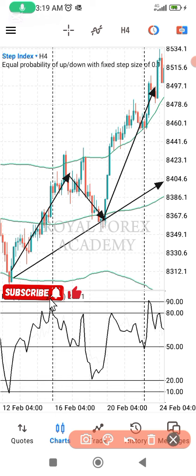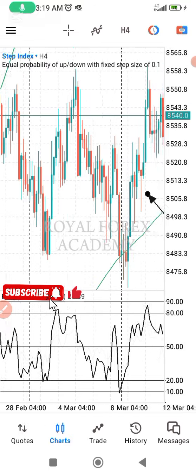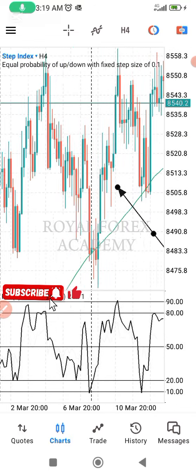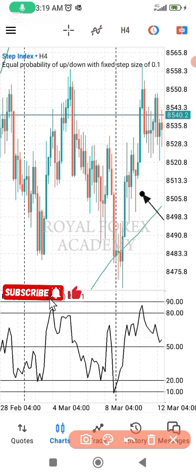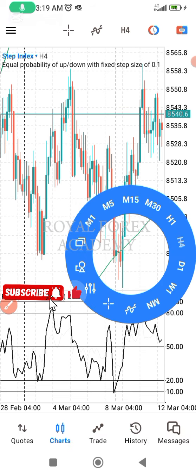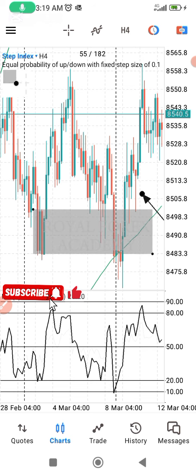Now, having established that, let us look at how we can find our entry on this particular area. Looking at this, price left this zone, and when price left this zone, price went up. So automatically we have a support here which will double as our order block.